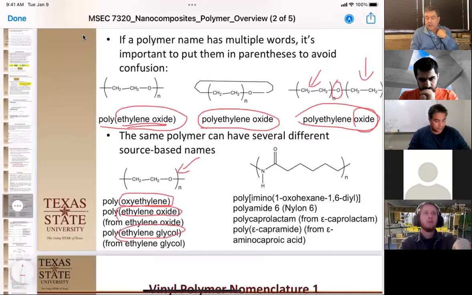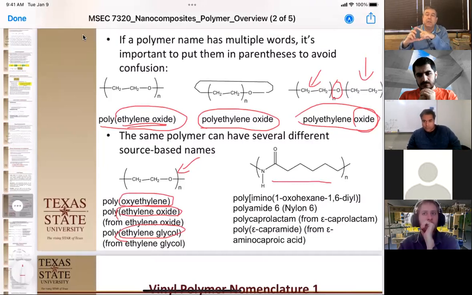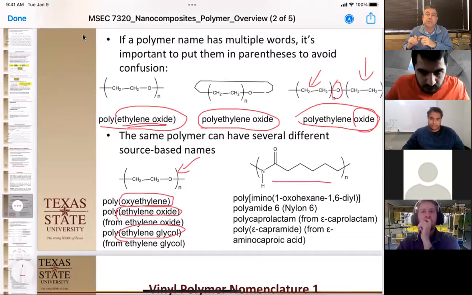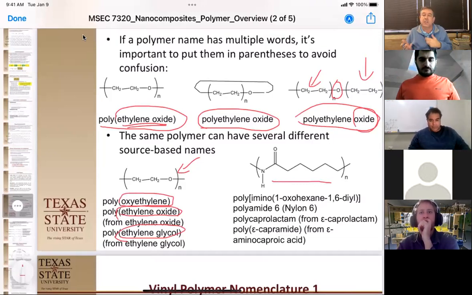In addition to that, this one right here is commonly known as nylon 6. Well, nylon 6, or a 6-membered ring with an amide in it, is also called caprolactam. So some people call it polycaprolactam, or epsilon caprolactam, which accounts for the 6 positions there. So it can be very awkward to try to figure out exactly what is used.